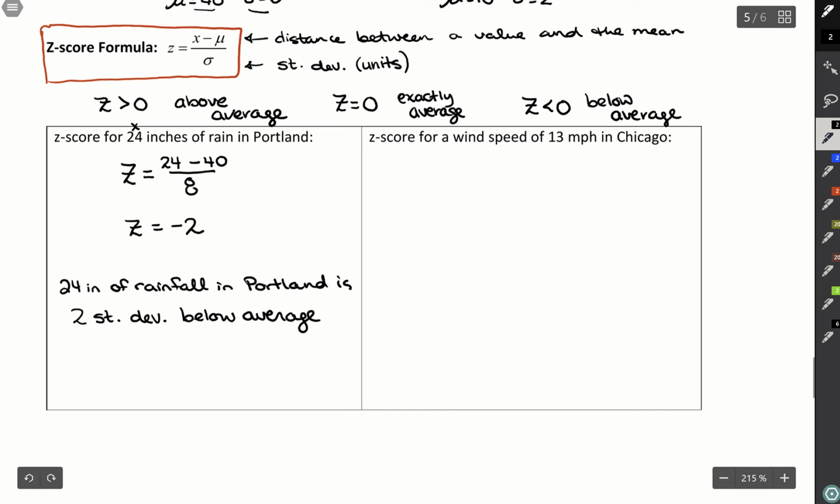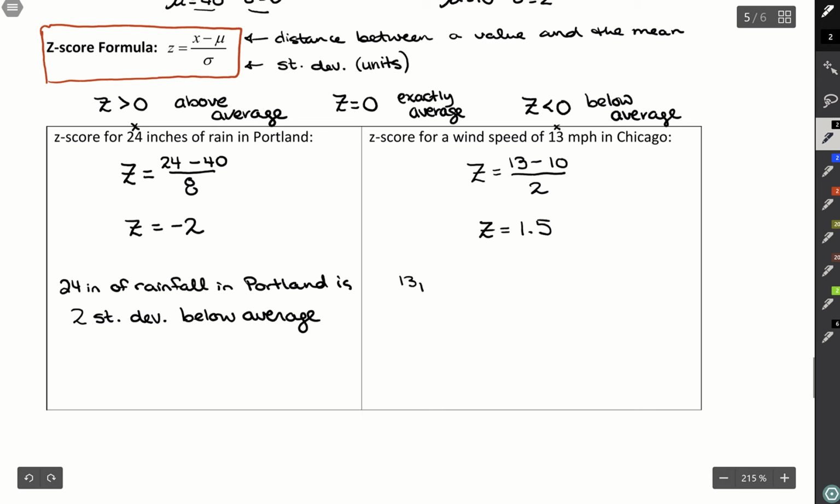So it gives us this idea of where we're landing and how far away we're landing. Then with Chicago wind speed, where x is now 13, calculating z, we take 13 minus our mean of 10, divided by that standard deviation of 2, and this is going to be 1.5.